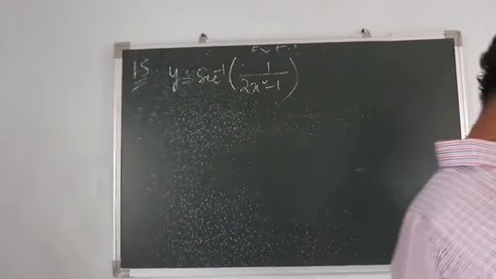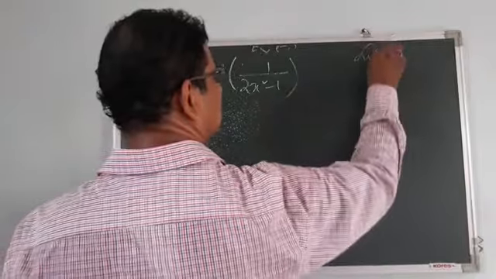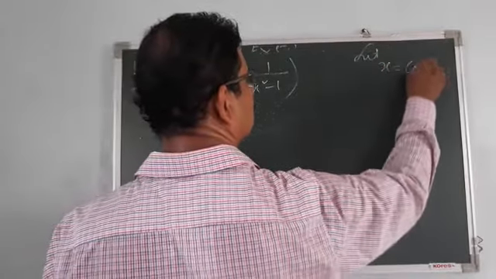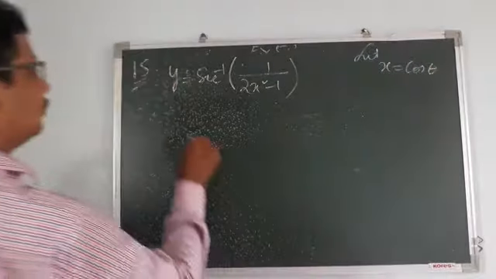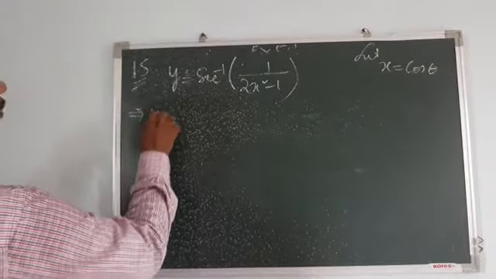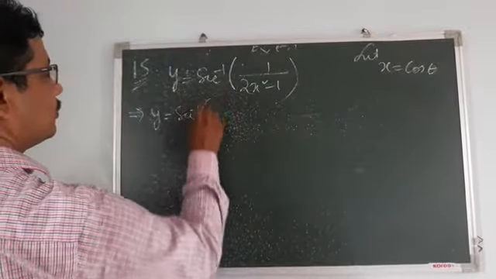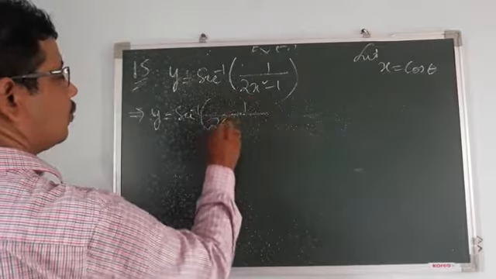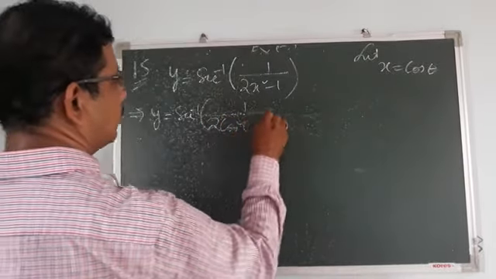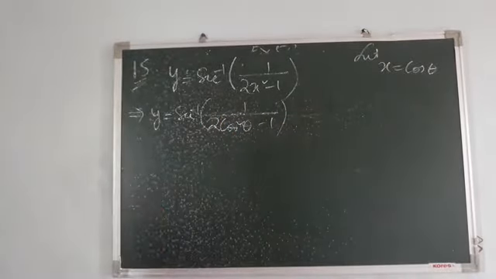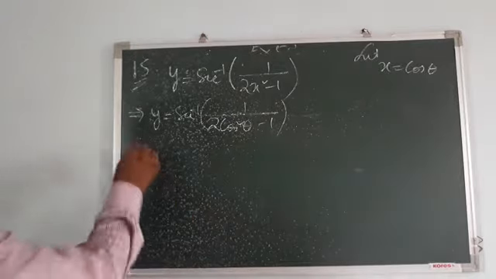Here, if we take x equal to cos theta, then we get what? y is equal to sec inverse of 1 by 2 cos square theta minus 1. Yes, we have replaced x by what? Cos theta.